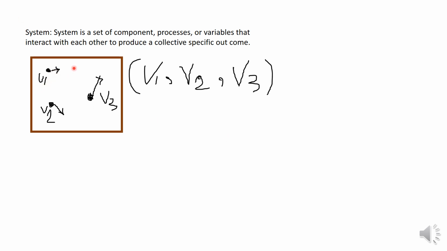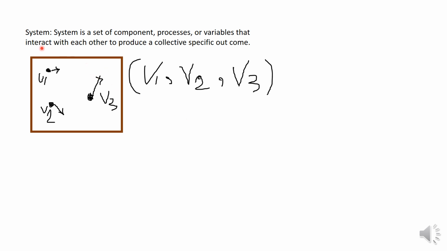Here, set of components means set of particles. Each particle is a component of our system, and the variable associated with our particles is velocity. It can be velocity, it can be energy, but here I chose velocity.